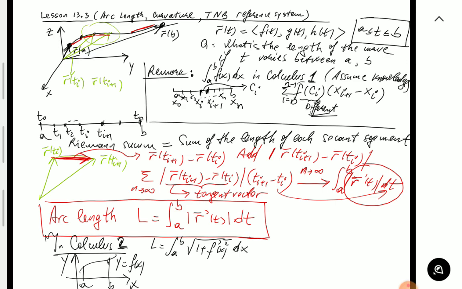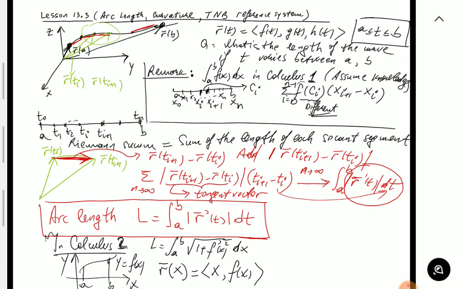I want to point out that this is nothing but the same formula, in a more particular way. This square root is nothing but the magnitude of the tangent vector, except that in Calculus 2, you can view your function as a vector function with components x, f of x. That's the only difference.